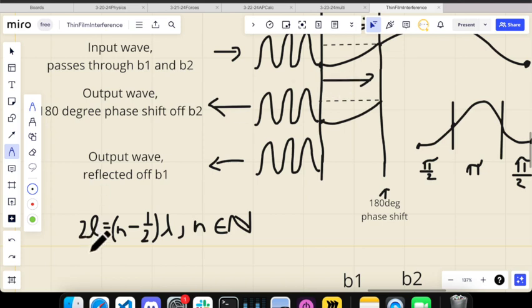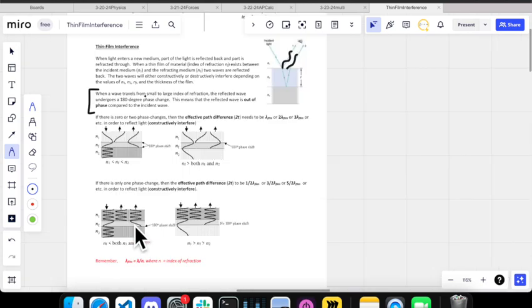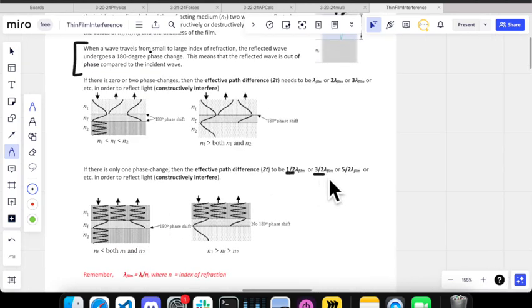And so twice the gap is going to be some half of the wavelength, and then we can have any multiple of 1/2, or really not a multiple of 1/2, but rather a half separated by multiples of a lambda, right? So you could have a half, 3 halves, and so on. I think that's the thing they're referring to here. So 1/2, 3 halves, 5 halves, and so on.